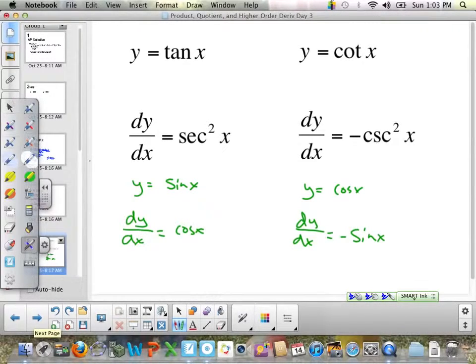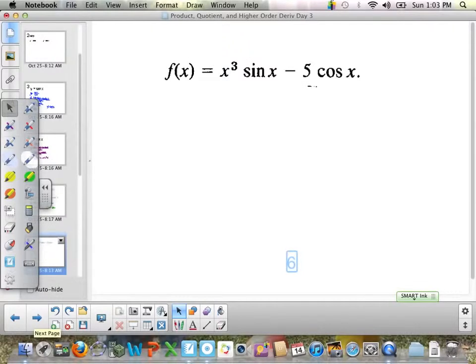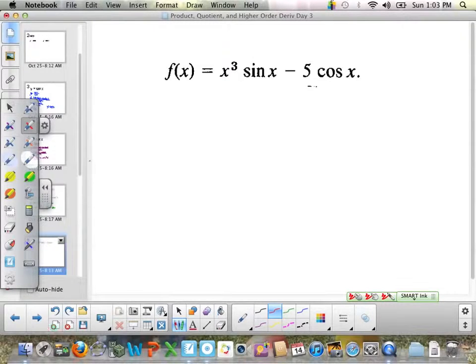All right, let's look at some practice problems here. Find the derivative of x cubed sine of x minus 5 cosine x. We need to use the product rule right here because that's a multiplication.